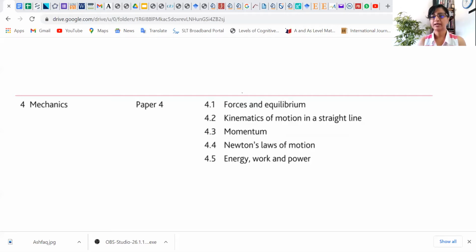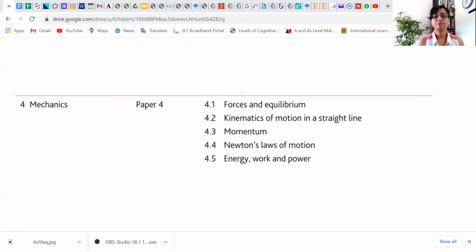Okay, so here you all have this if you have the syllabus booklet. In your syllabus, everything is summed up into 5 topics, and this is the order in which they give it. So you have forces in equilibrium, kinematics of motion in a straight line. So you can see it's all about motion, right?